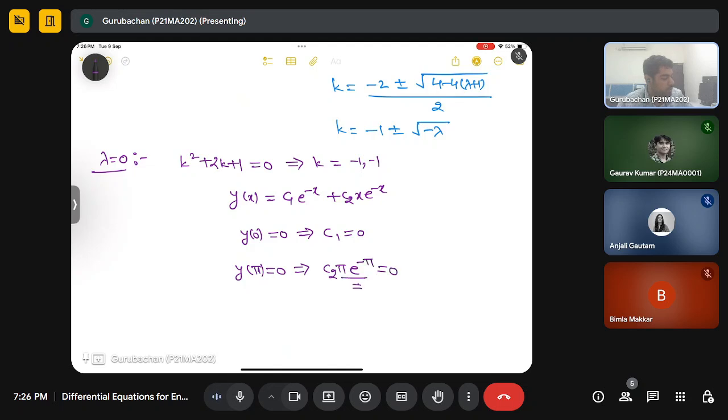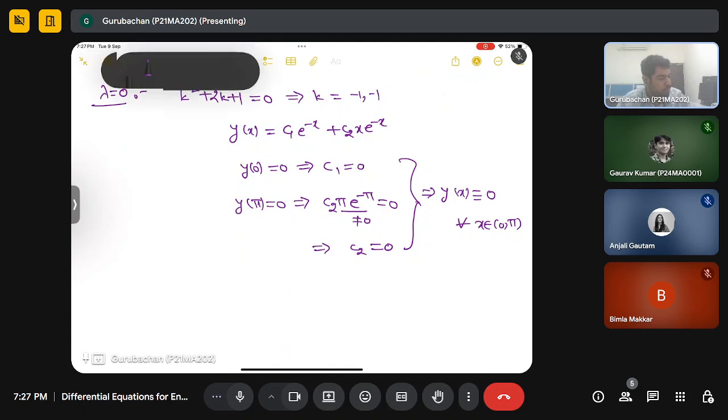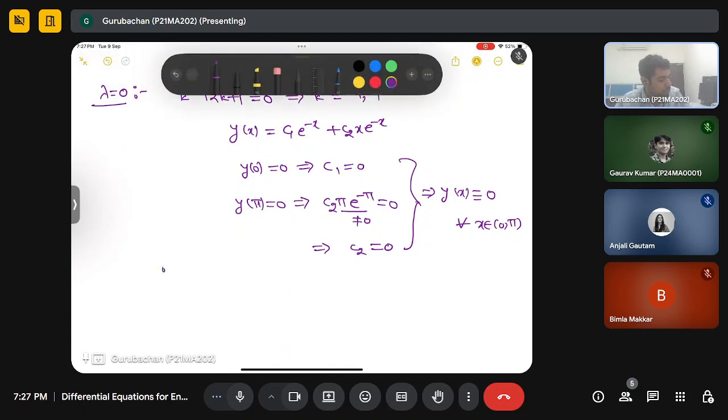Since this quantity is non-zero, this will imply that c2 has to be 0. And from here, you can say that yx is identically 0 for all x from 0 to pi. Therefore lambda equal to 0 is not an eigenvalue of the given SL system.